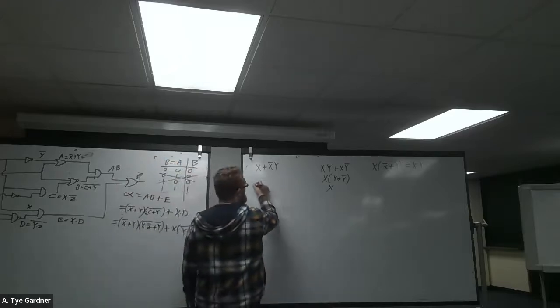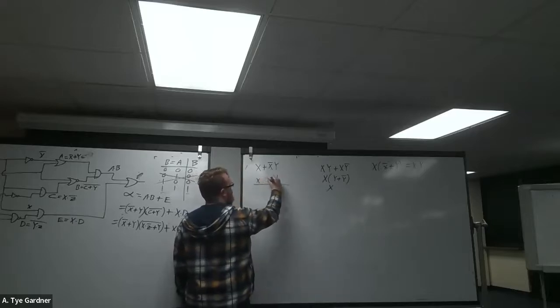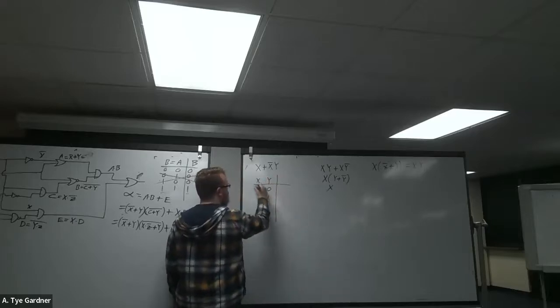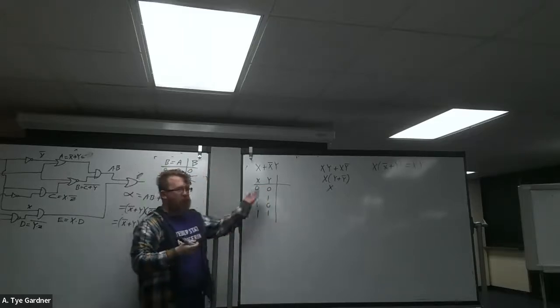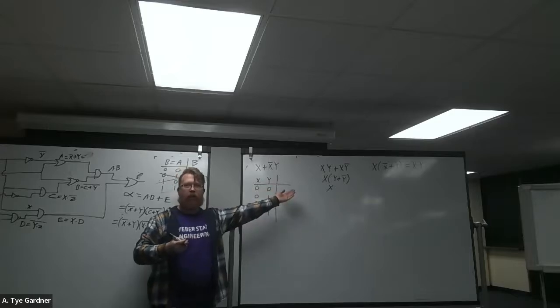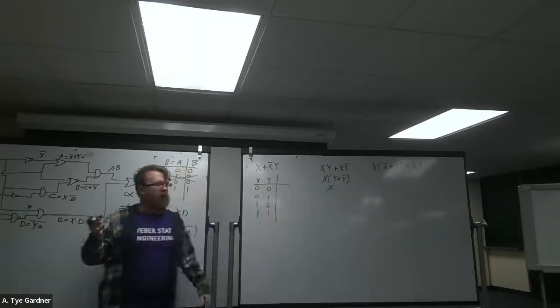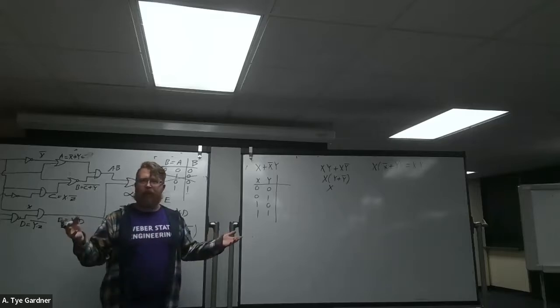So I draw a truth table, and I say, well, I have x, y. Now you could do 3 columns: 1 column for x, 1 column for not x and y, and 1 column for the third. Or you can do it the shortcut way, which is let's just go 1 term at a time and start filling in ones.